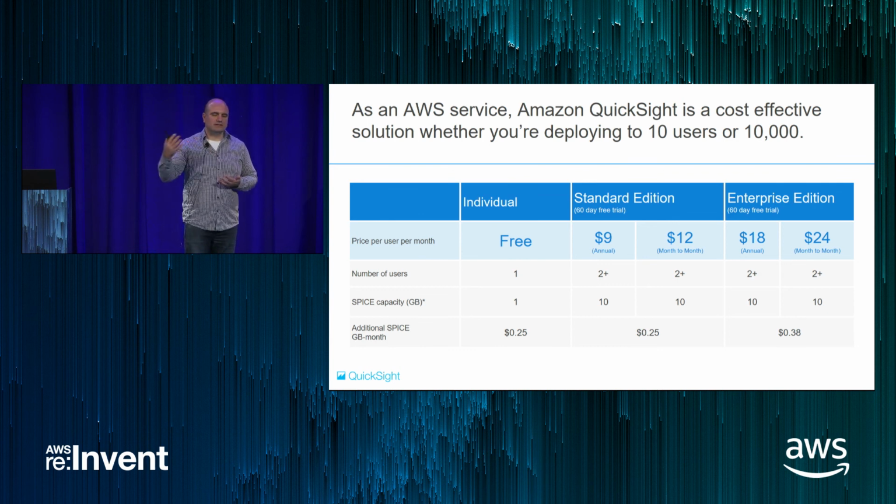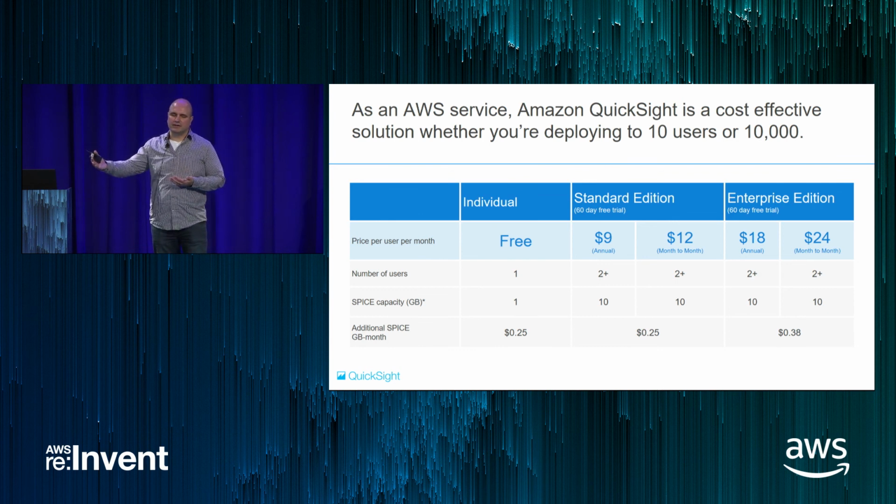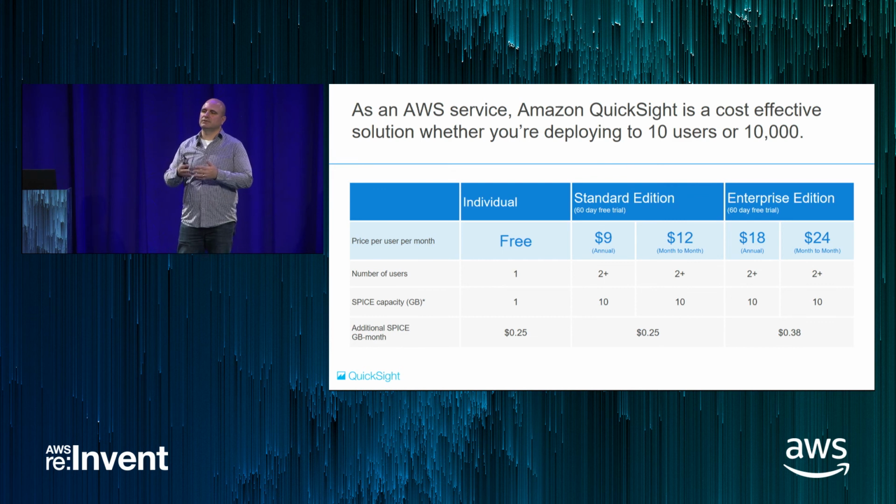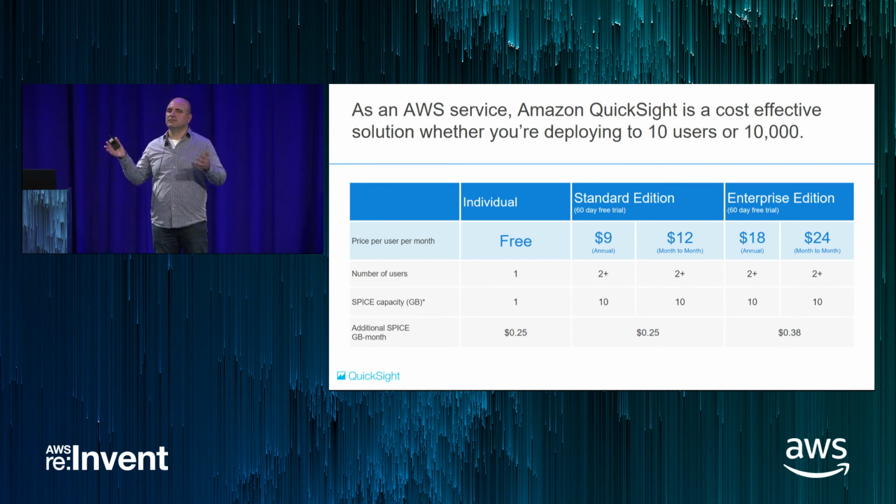If I need additional SPICE capacity, I can pay the per-GB per-month charge on top of that. Each user doesn't just get 10 gigabytes, but that 10 GB is shared among the 10 users, 20 users, 100 users, whatever it might be. So you can keep adding up to the SPICE capacity, and if you need more, you can simply pay the charge above that.